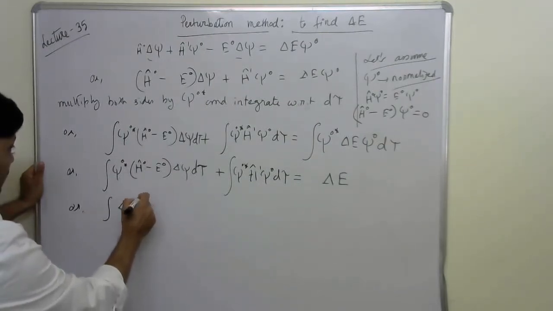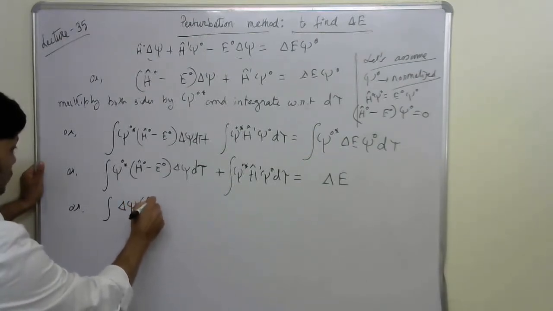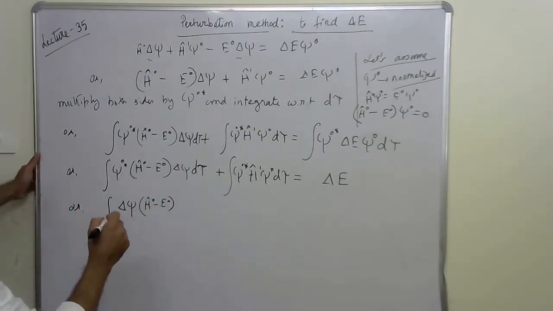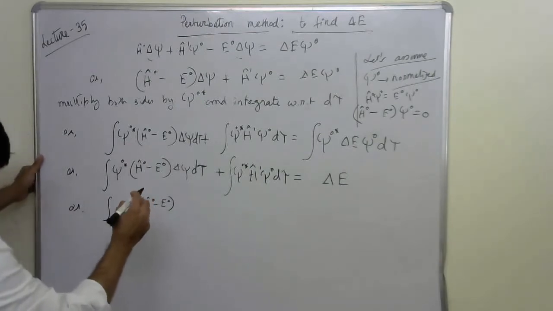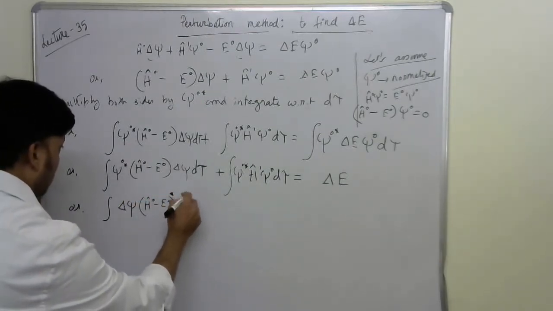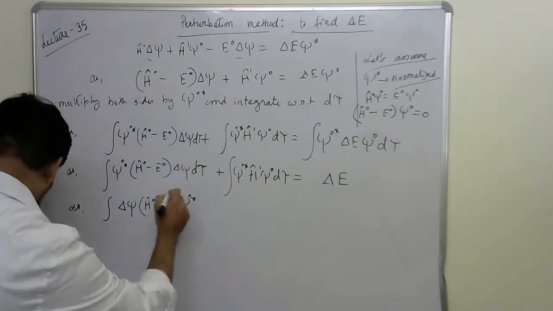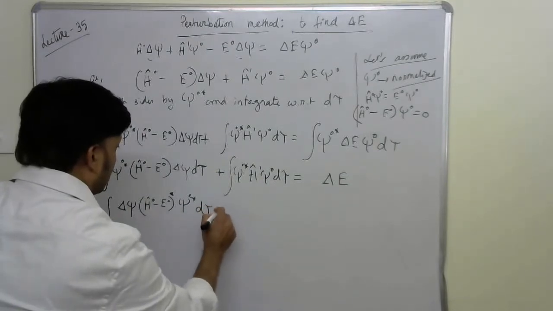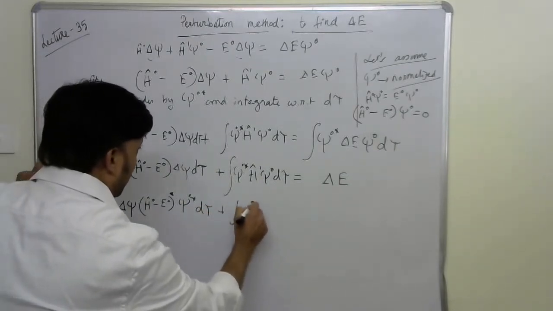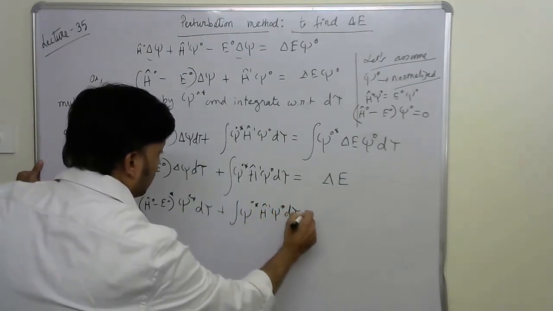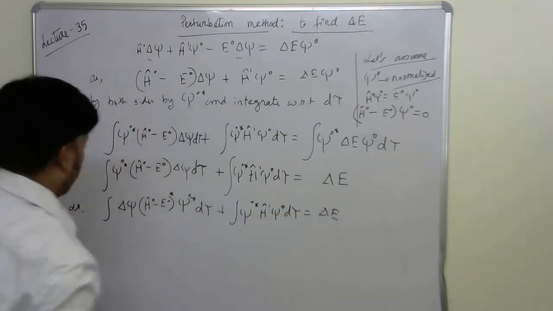And now we have (H naught minus E naught) star on psi naught star, delta tau, plus this psi naught star H1 psi naught delta tau is equal to delta E.